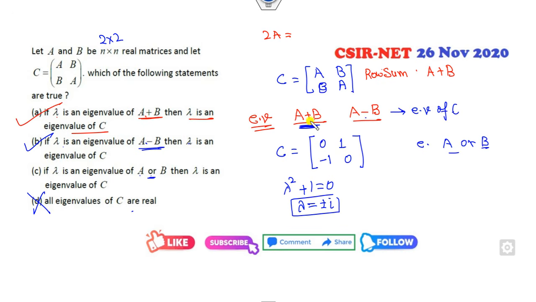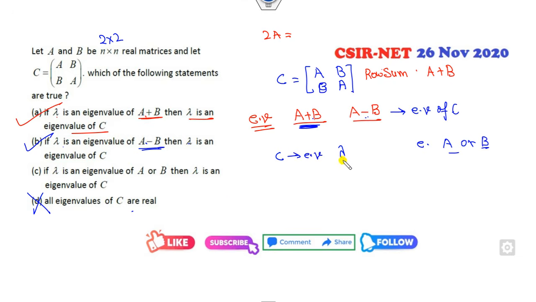But C has eigenvalues only A plus B and A minus B. What is the meaning of this part? That means C has eigenvalues lambda where lambda is an eigenvalue of only A or B. That's wrong, because C has eigenvalues A plus B and A minus B. So that option is also wrong. A and B are the right answers to this problem.